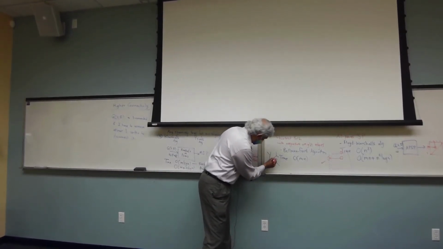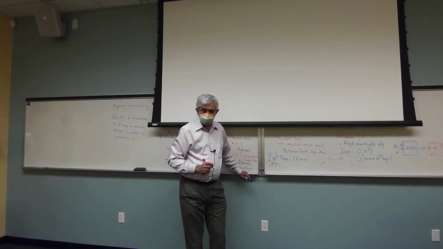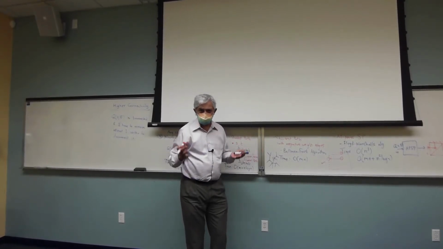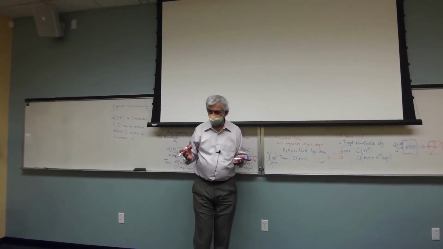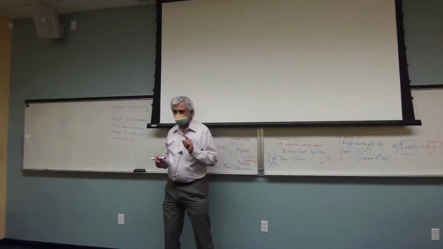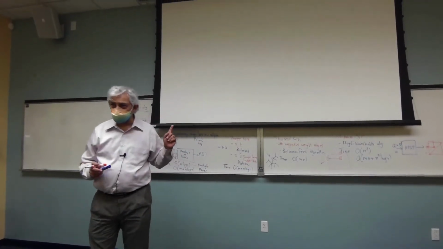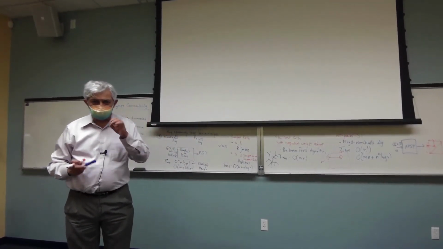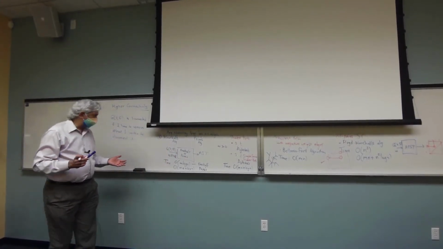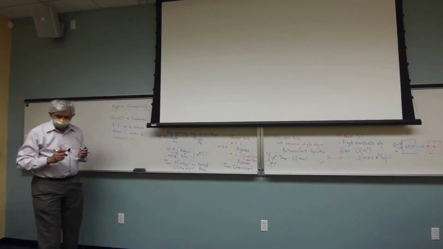If I remove this vertex here, what happens? The graph falls apart. It becomes disconnected. So this graph is called one connected. It is connected, but if I remove one vertex, it falls apart. So that's the definition of one connected.